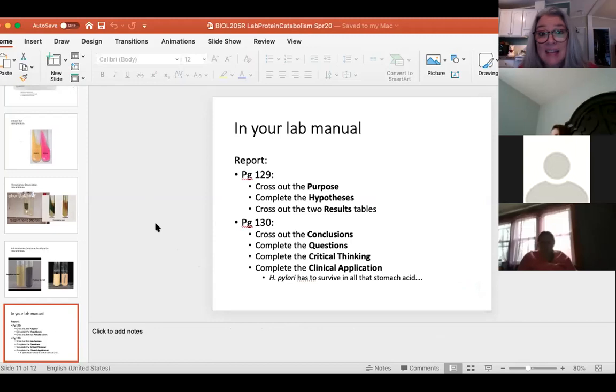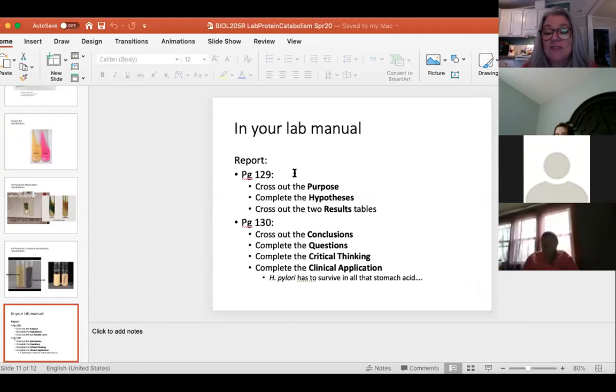All right, the last two slides in this set are telling you exactly what you need to do and not do in your lab manual. And of course, these slides are up on Canvas for you. So in the lab manual for protein catabolism part 1, that's on pages 129 and 130.